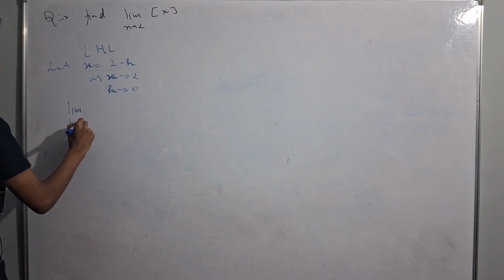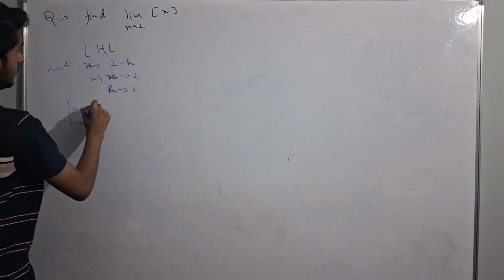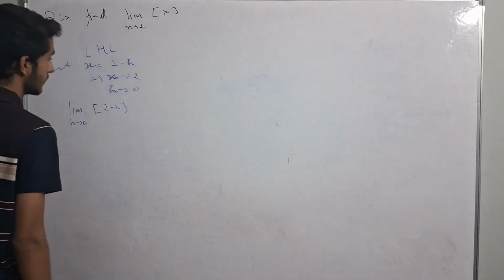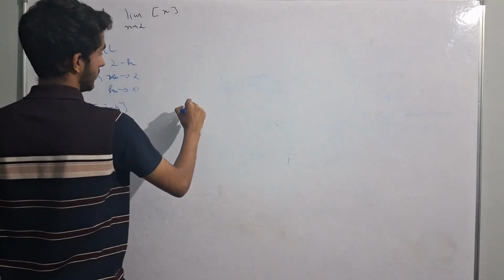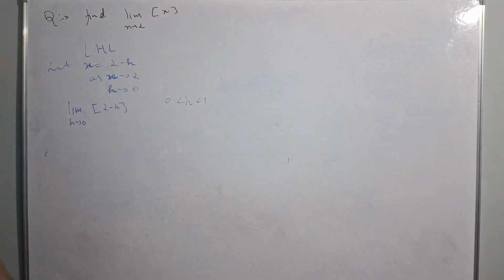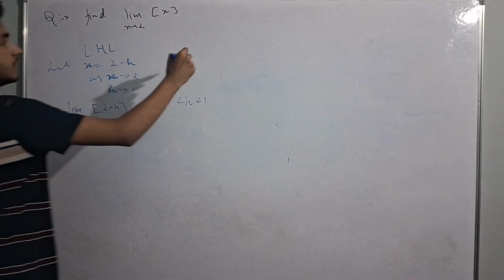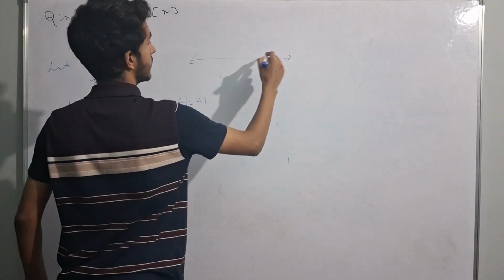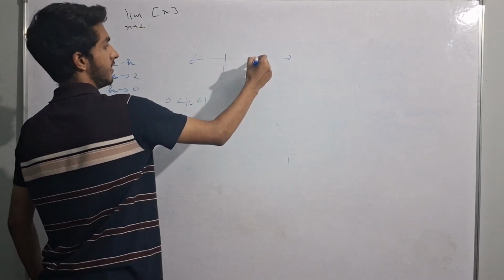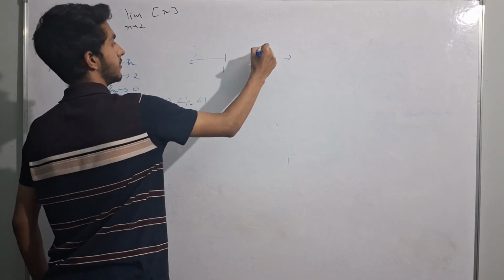Limit h tends to 0, greatest integer function of 2 minus h. So h is less than 1 and greater than 0. If I create the number line, this is 2, this is 1, and the number is going to lie somewhere here.